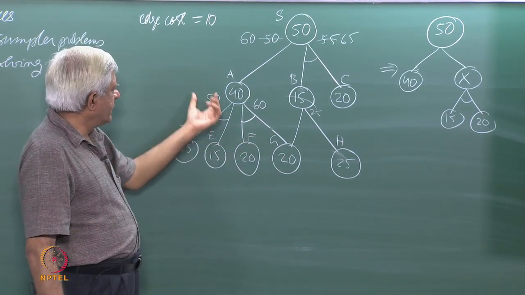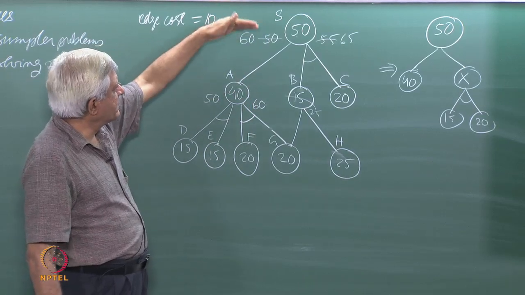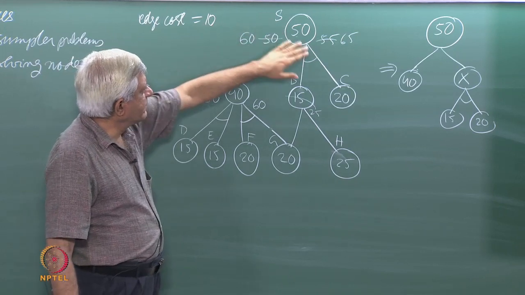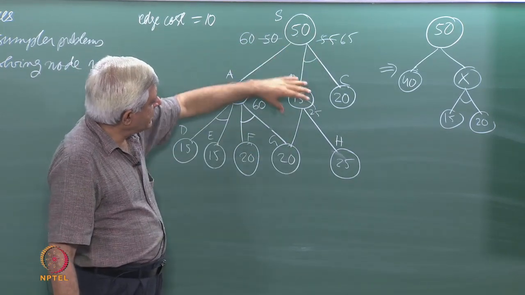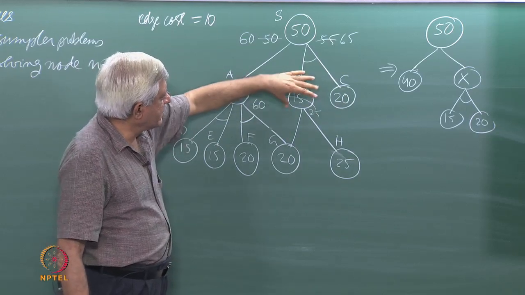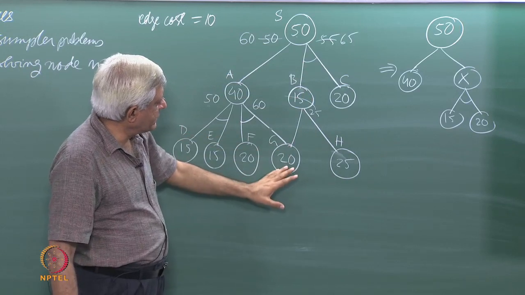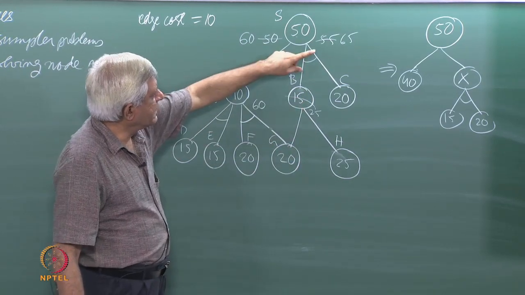The DE option costs 50, the FG option costs 60 and you add another 10 for this transformation. So, this becomes 50 plus 10, 60, which is worse than 55. So, I came down this option. Now, here I chose between B and C, B expanded, I got this 20 and 25, when I back up these values I got 25 here and that became 65.